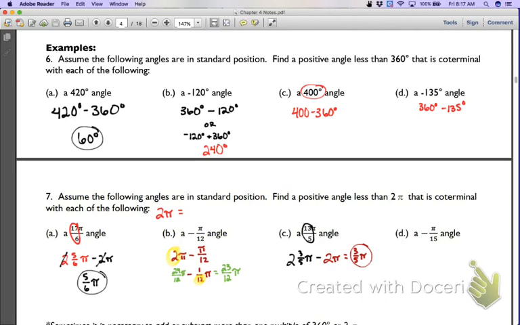Since it's not bigger than 1, basically I'm going all the way around until I get almost to the very end of where I started. Do the same thing with negative pi over 15.